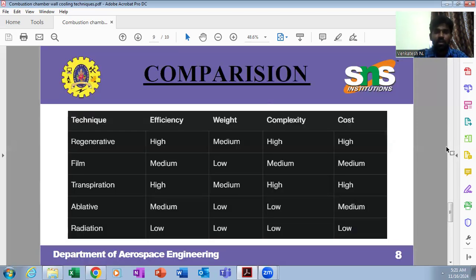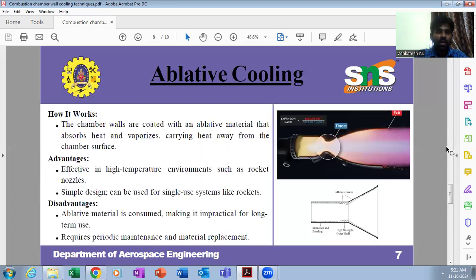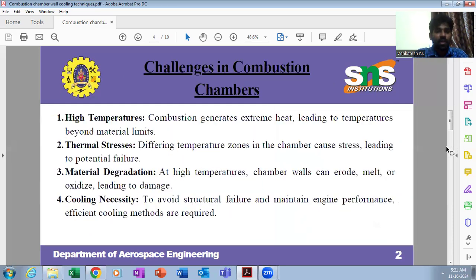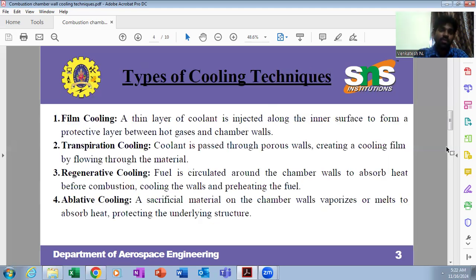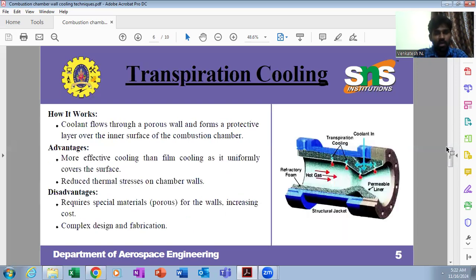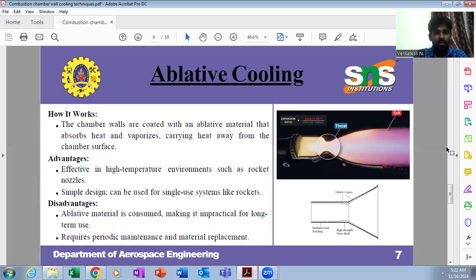So this is the comparative study of heat transfer techniques in combustion chambers with respect to temperature and the type of cooling technique: film cooling, transpiration cooling, regenerative cooling, and ablative cooling.